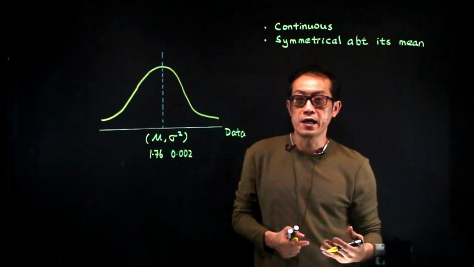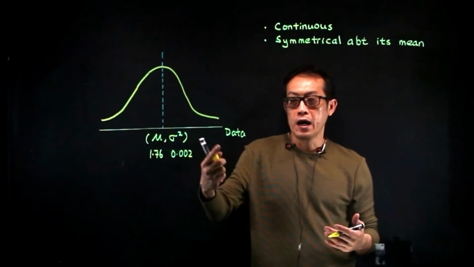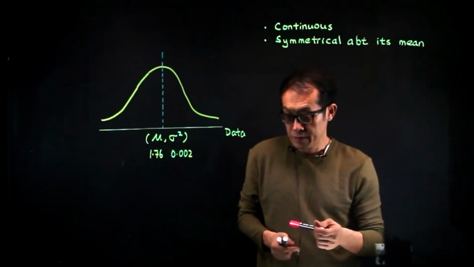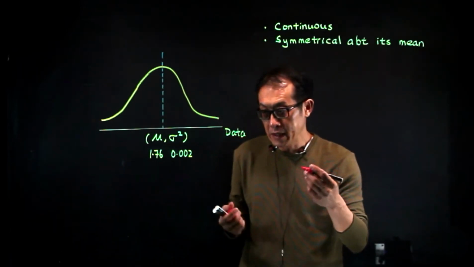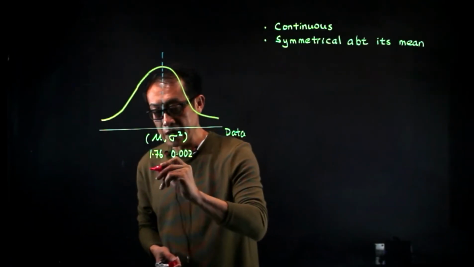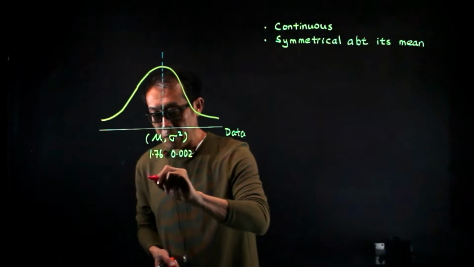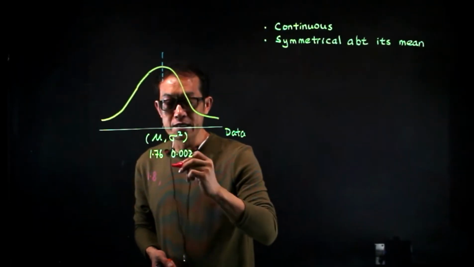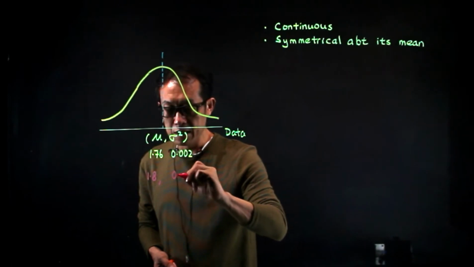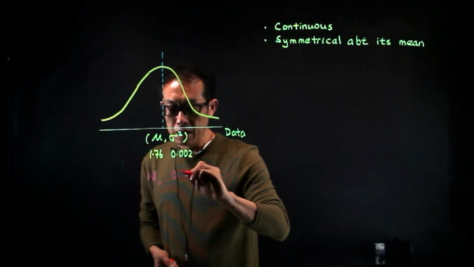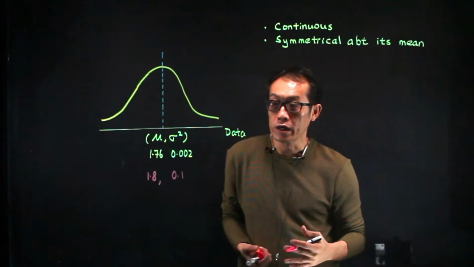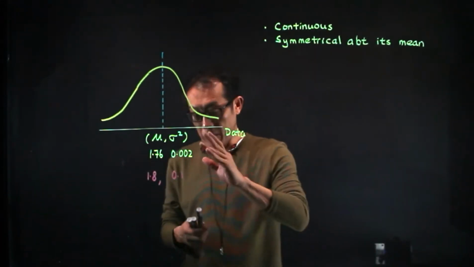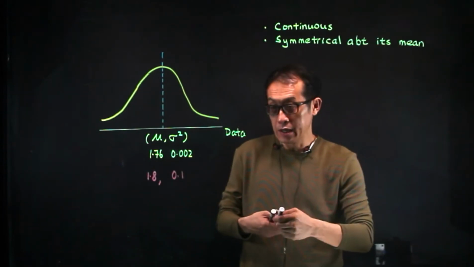Let's say we take another example, America. Maybe they are taller. Their average height is 1.8, but they have a bigger standard deviation, 0.1. So how will the graph look? Because this is 1.76, 1.8 will be somewhere here.